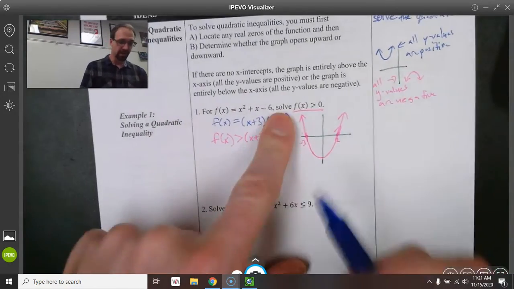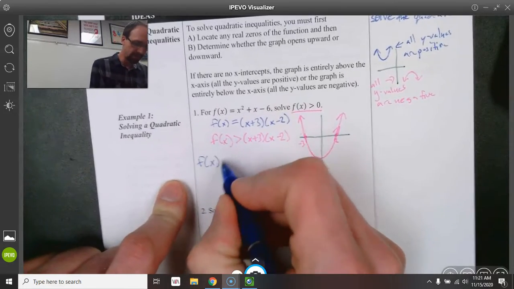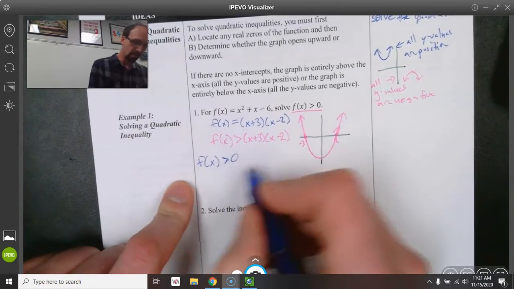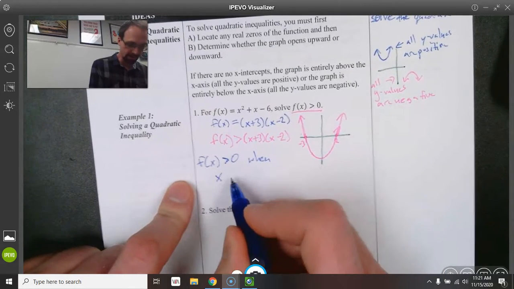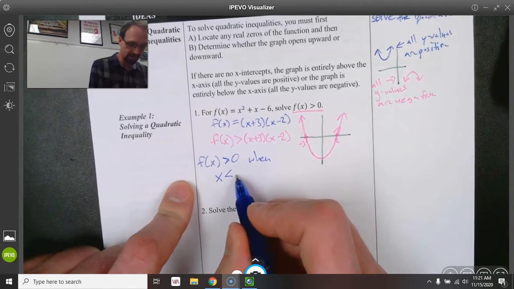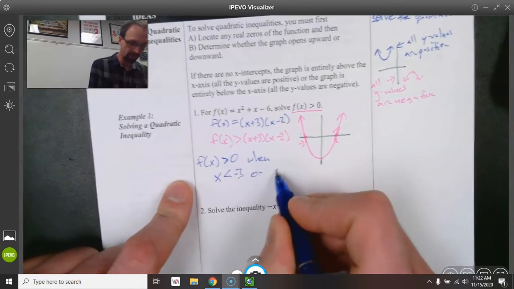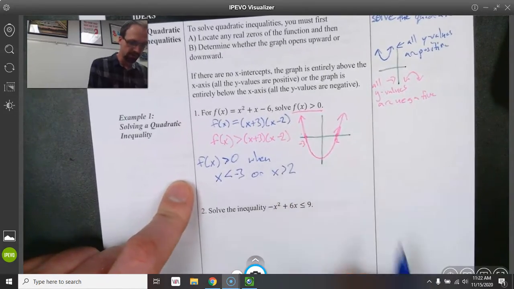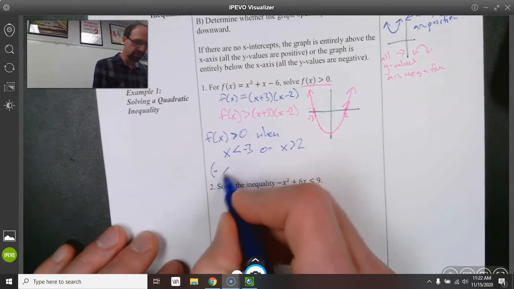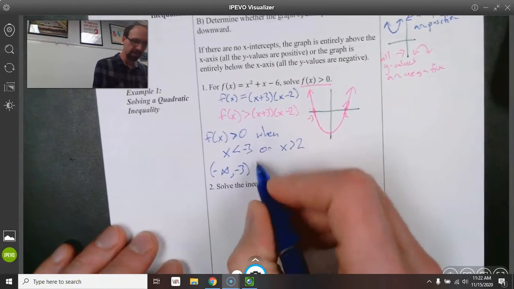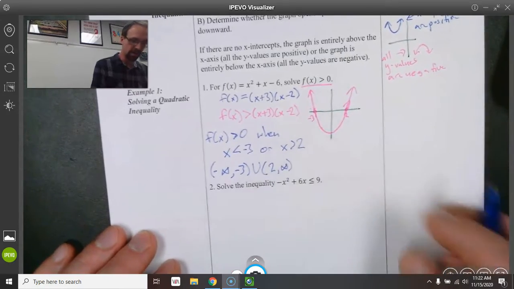So for here, f of x is greater than 0 when x is less than negative 3, or x is greater than 2. And then we have different ways we could write that. I can write it in interval notation from negative infinity to negative 3 non-inclusive, union 2 to infinity non-inclusive.